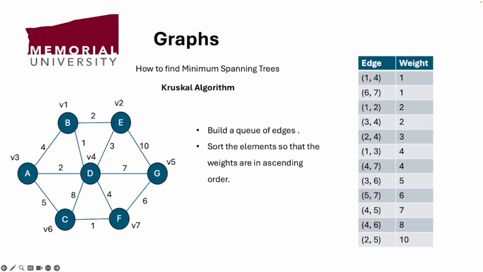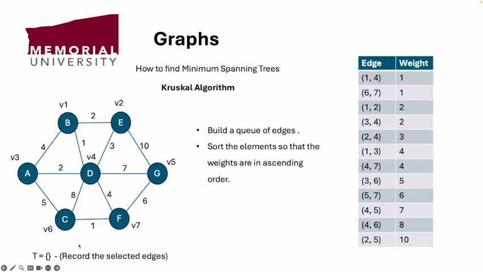Then we have 1 and 2 with weight 2, and 3 and 4 with weight 2, and so on. So we find all the edges, sort them based on weight, and insert them into the queue. We create a tree set to record all the selected edges. It's an empty set.